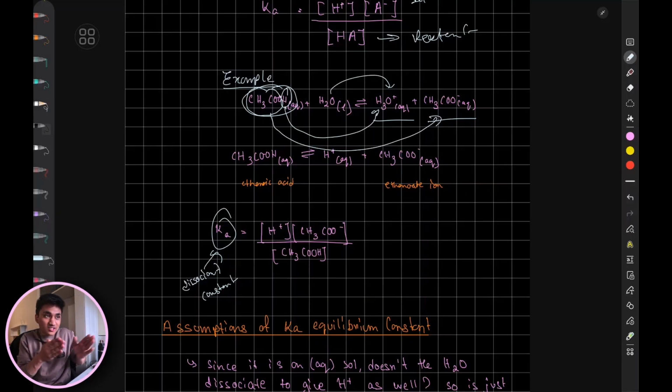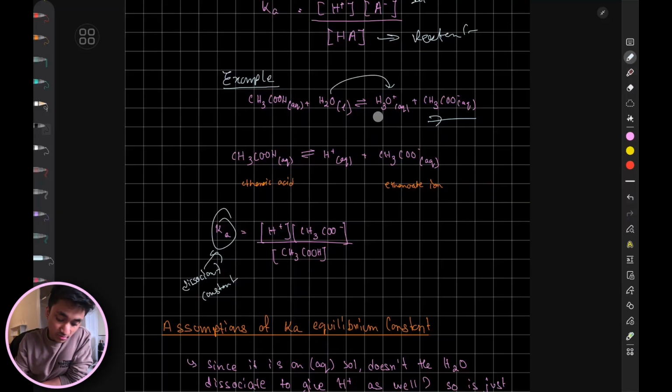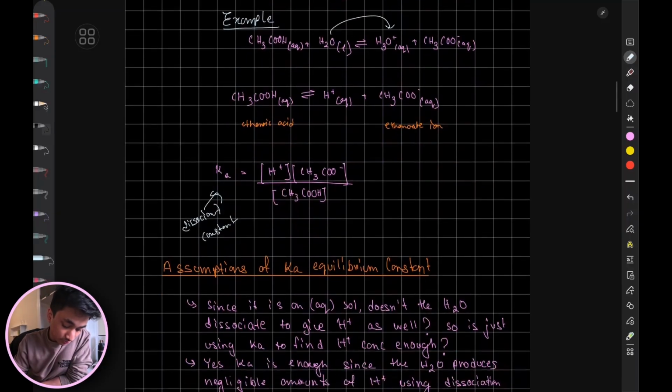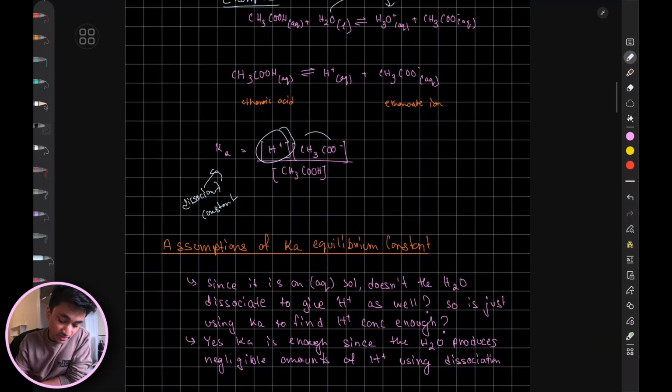So if 0.0005 moles of ethanoic acid breaks down, then you have the same amount, 0.0005, of H plus ions and ethanoate ions. So it's an equal concentration. All we're considering is H plus and CH3COO minus. What you consider is the concentration of these two as the numerator, divided by the denominator, which is the ethanoic acid, and you will find the dissociation constant.